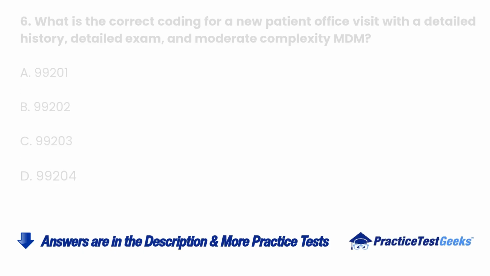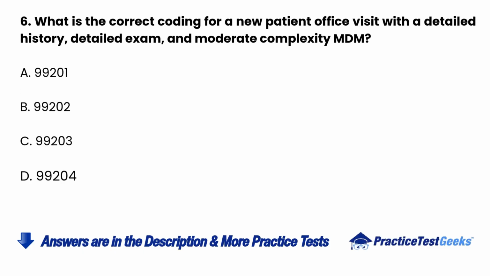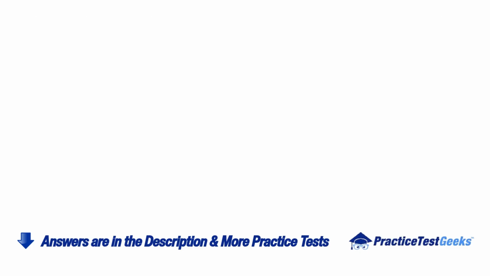E0156. 6. What is the correct coding for a new patient office visit with a detailed history, detailed exam, and moderate complexity MDM? A. 99201, B. 99202, C. 99203, D. 99204. 7.